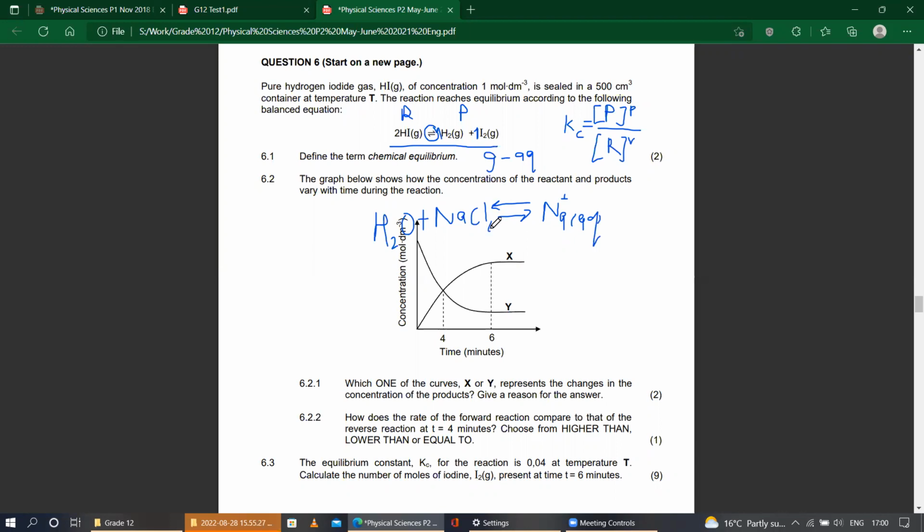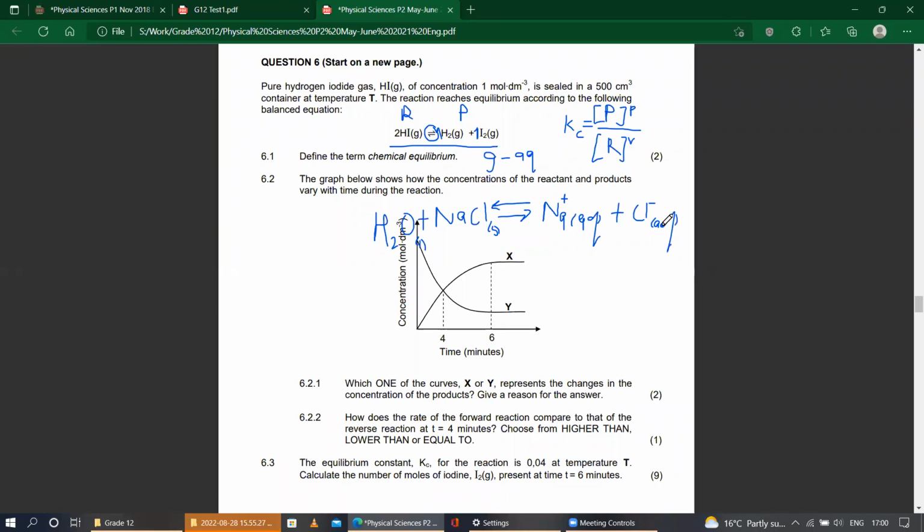Usually salt is in a solid phase and water is in a liquid phase. And this is going to give you plus Cl-, which is also in an aqueous phase because now it's inside the water.